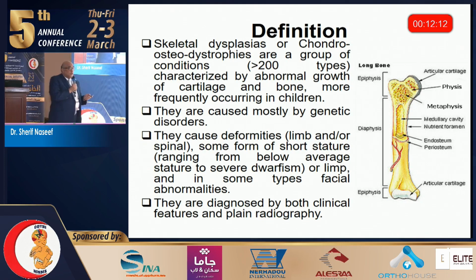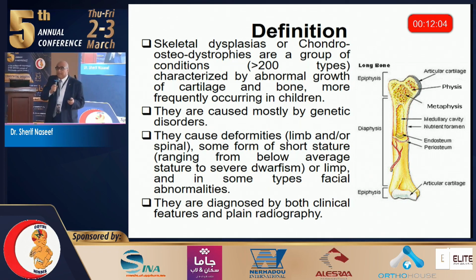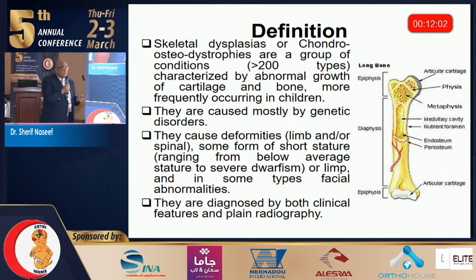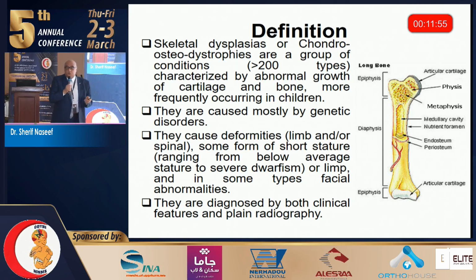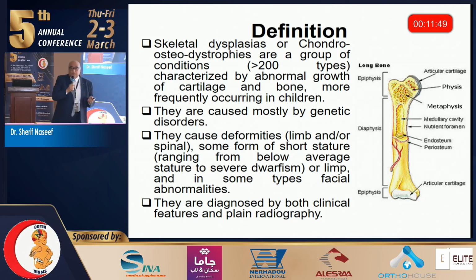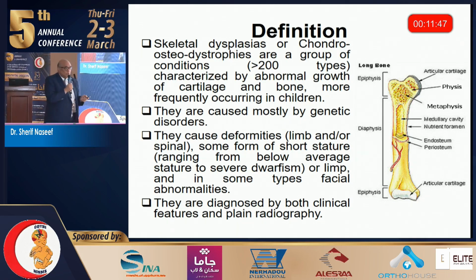Dysplasia is diagnosed by history and clinical examination, and the only valuable method of investigation is plain radiography. Other kinds of imaging are of no value and are a waste of time in diagnosing dysplasias. They may be helpful to assess the complications or the problems of dysplasia, but not to diagnose dysplasia.